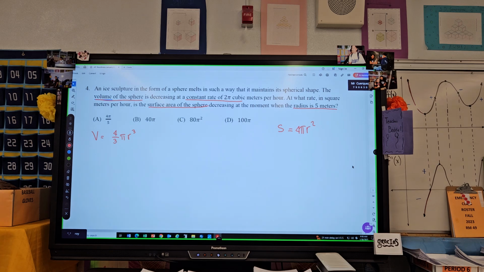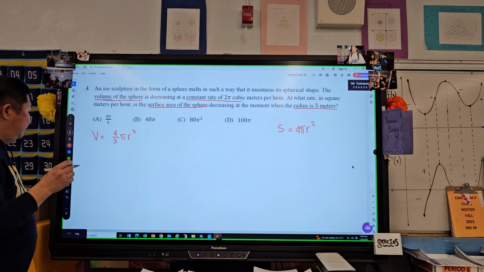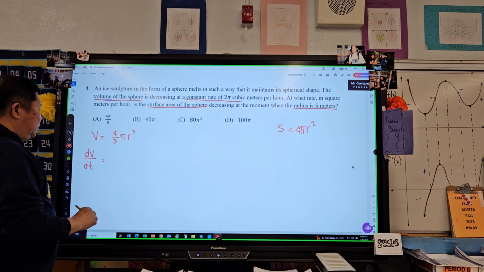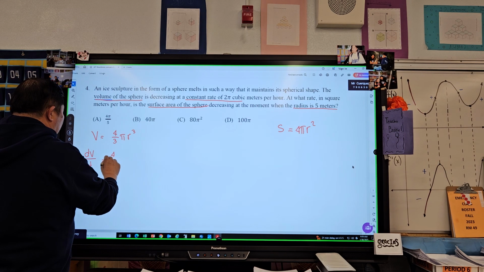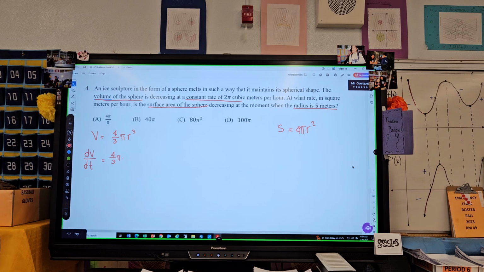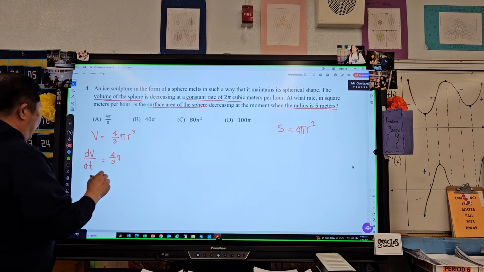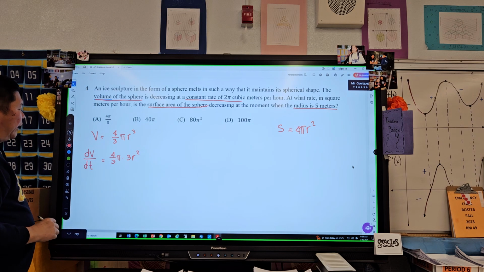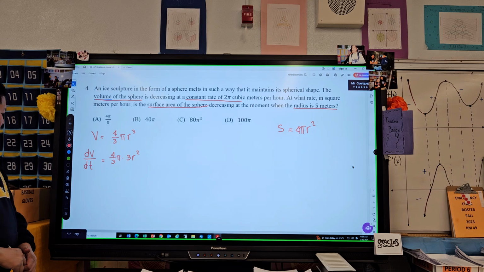So we say dV dt is equal to 4 over 3 pi times the derivative of r cube. What is the derivative of r cube? 3r squared. So times 3r squared. Now, what do you notice right here, what cancels out?